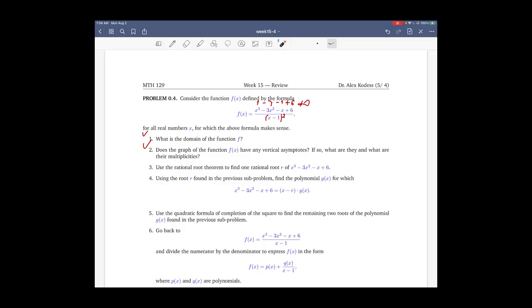Recall what the rational root theorem says. The rational root theorem says that if a polynomial has a rational root p over q, then p divides the free term and q divides the leading coefficient a sub n.